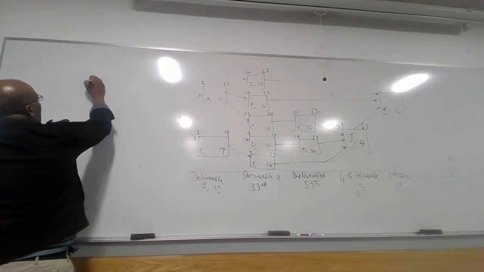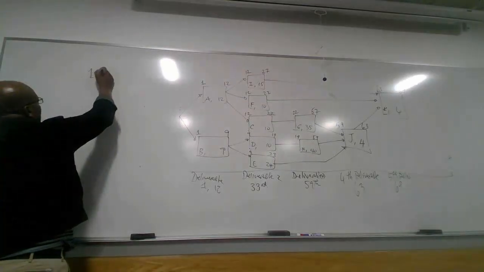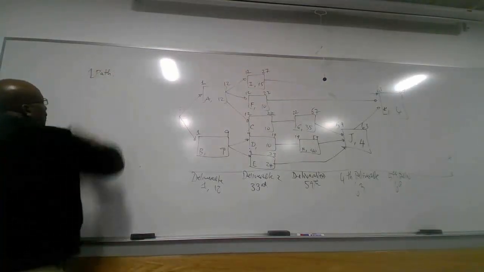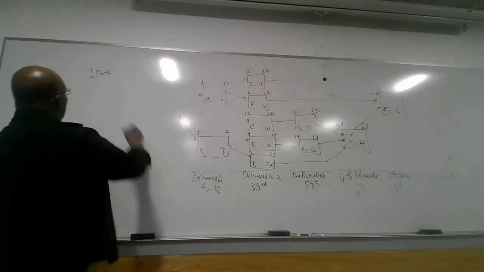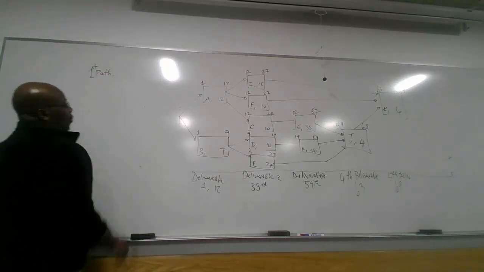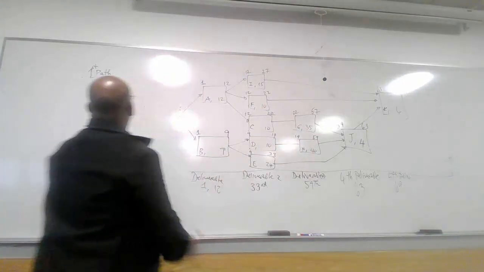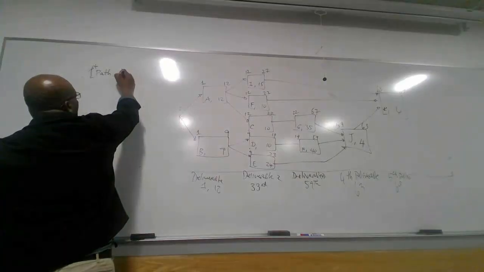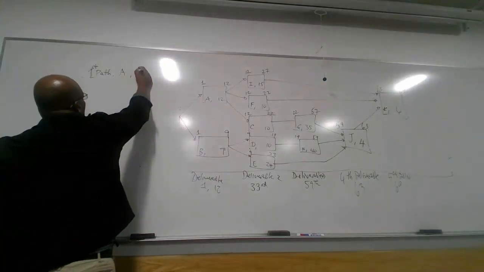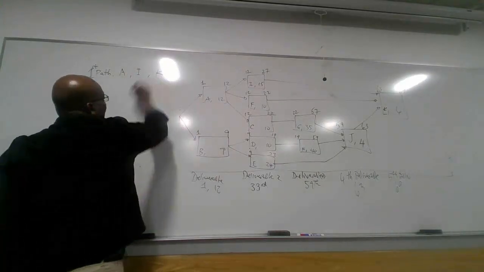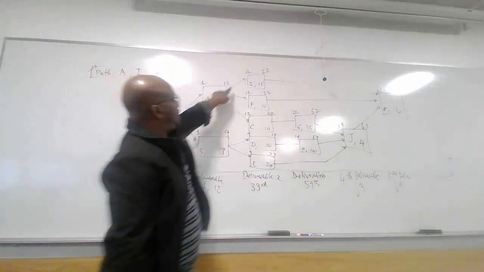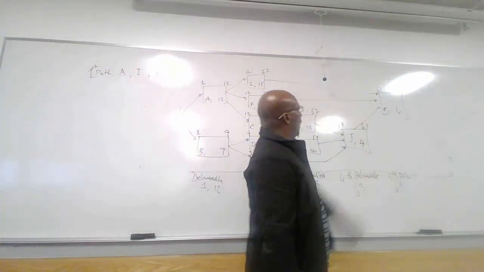So we have our first path. The first path will start from A, I, and K. So it's A, I, and K. This path here.